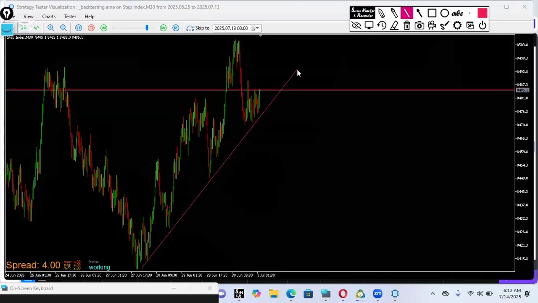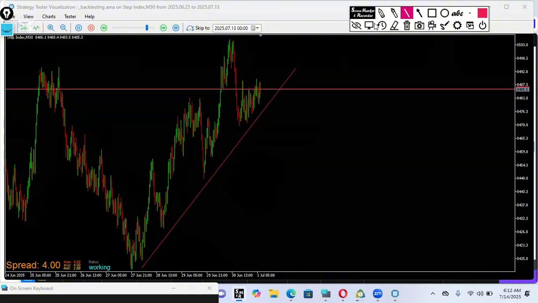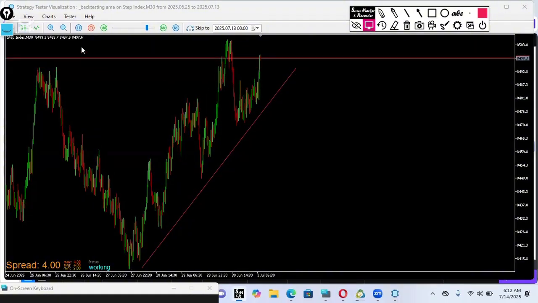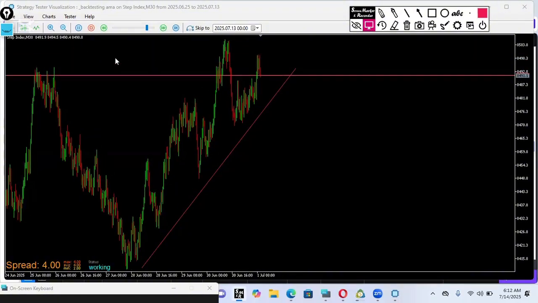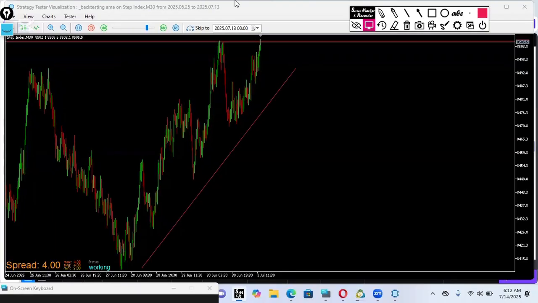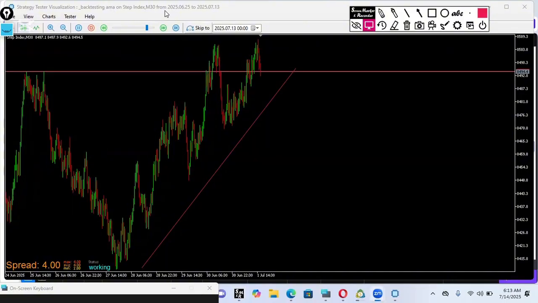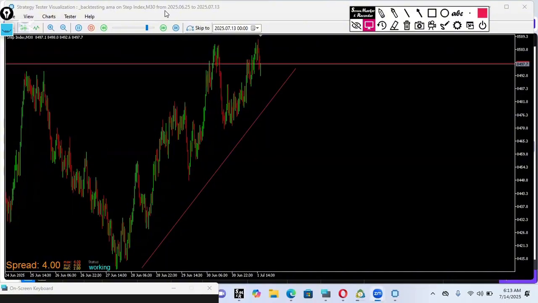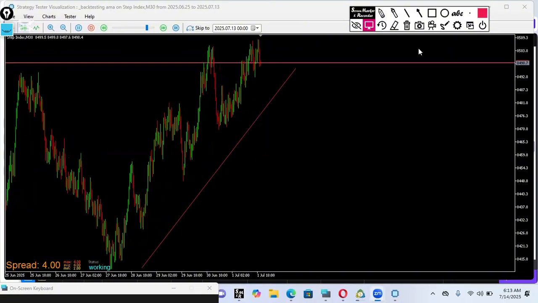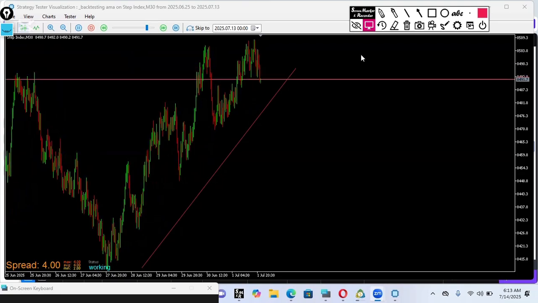Sometimes if you're trading the retracement, the final TP might not be hit. That's one thing with retracement. So what that means is that you can decide to trade it or not to trade it. It's all up to you to decide what you want to do.